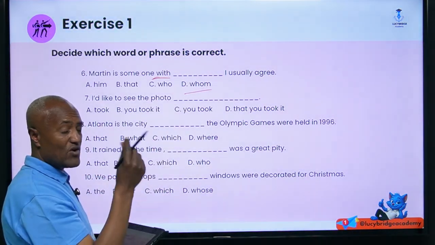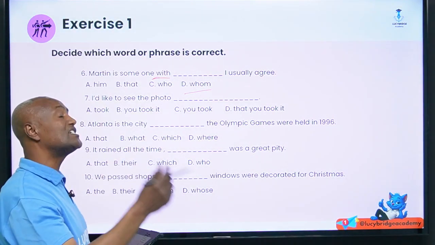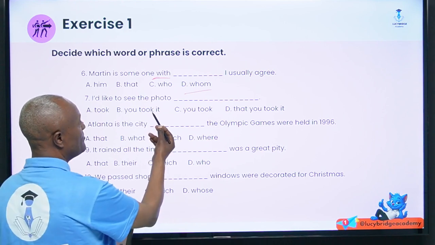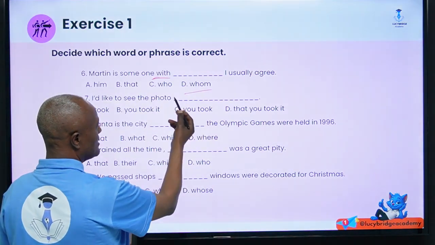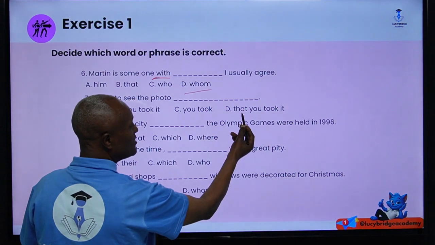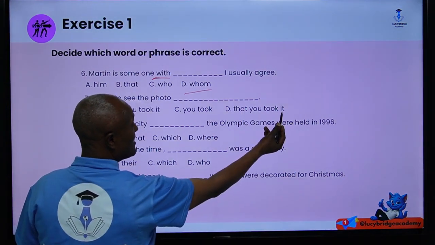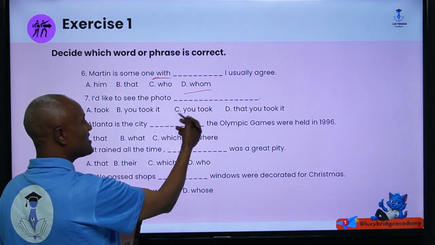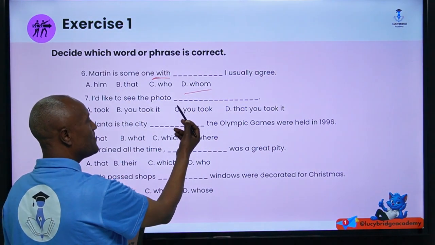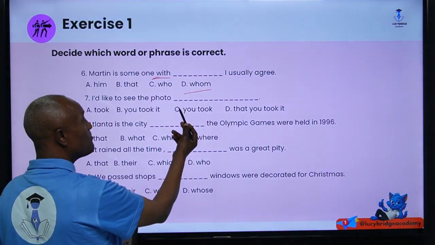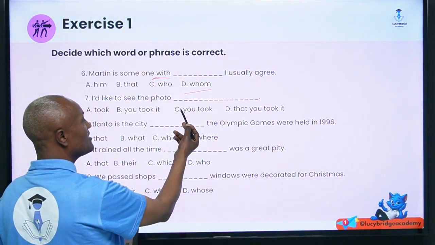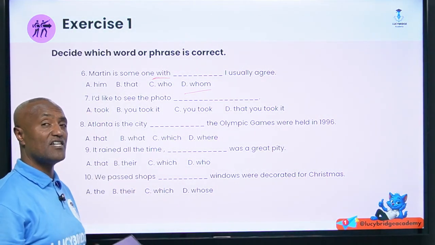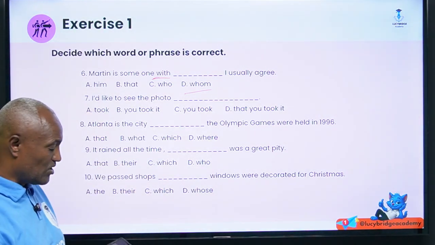When the relative pronoun serves as an object, we don't write the object again. "Here, you took" means that you took it. That is an object, and we don't need another object. Therefore, who or that is omitted, because when we put that or who here, it is an object. If the relative pronoun serves as an object, we said that we can omit it. This is what you have to remember.